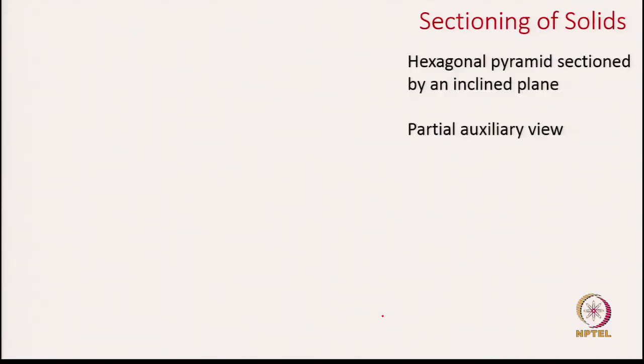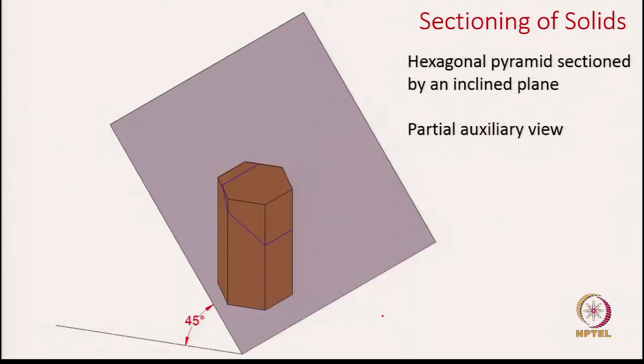So, what I will do is, using one example, demonstrate how to capture the cross section made by this cut plane. In this example we will be looking at a hexagonal prism, and then we will cut it with an inclined angle of 45 degrees. So, this plane cuts this solid into 2 pieces.